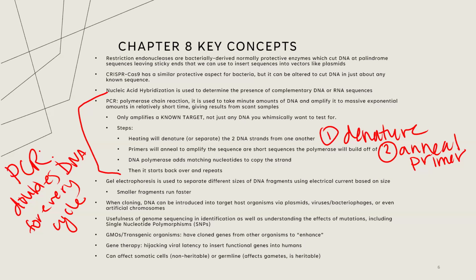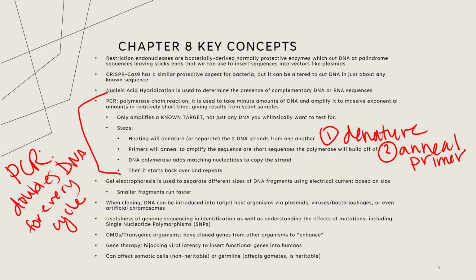If your primers are that specific and they're only going to bind whenever that sequence is there, it will not allow elongation if the primers don't bind. Therefore, if the primers bind, you can build off of those primers and make copies only if that gene is there.